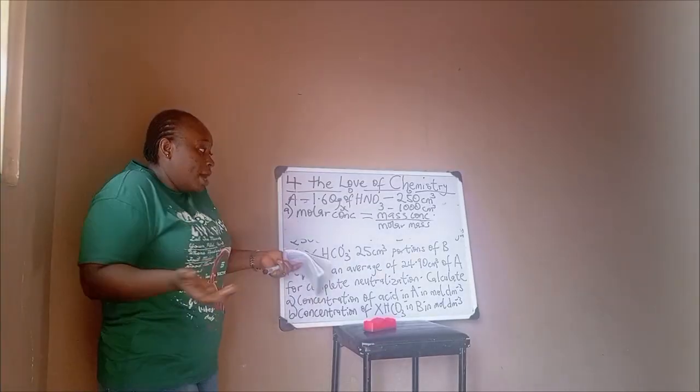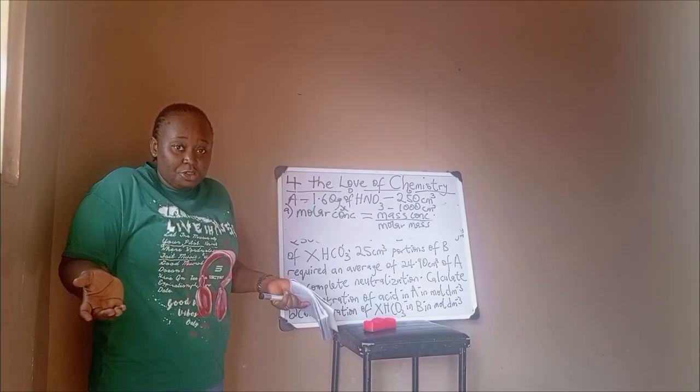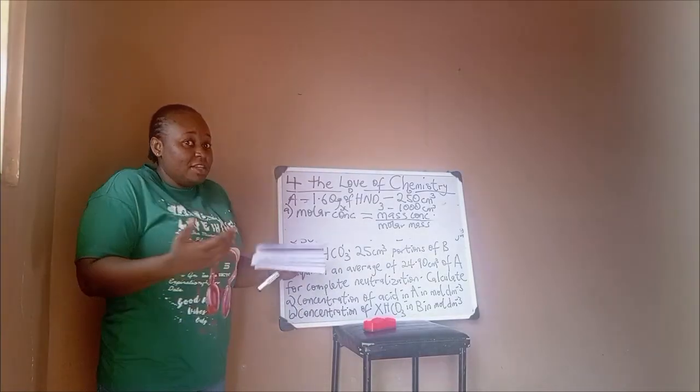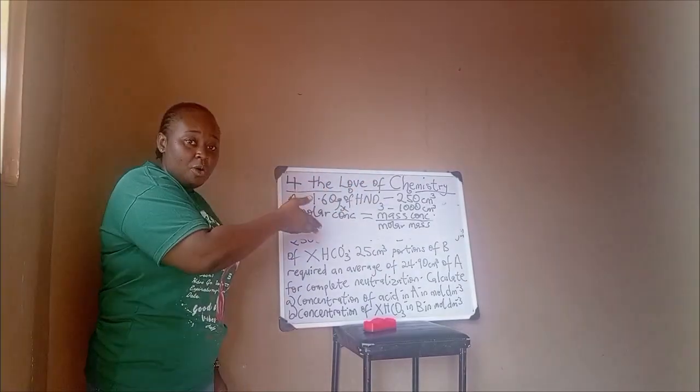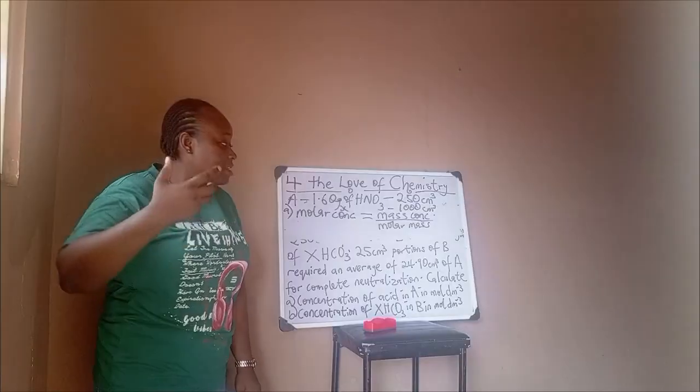But we are not given the mass concentration, and we can find the molar mass because we know the elements that make up the compound, so we can very easily find the molar mass.